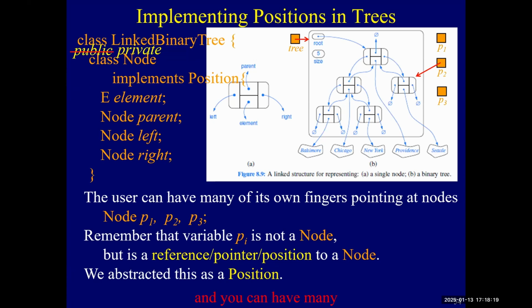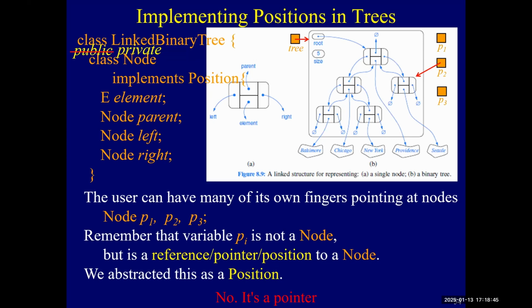And you can have many implementations of it. And one implementation of a position is a pointer to a node. A pointer to a node is a position. So my node, that's where it gets confusing again. Is node actually a node?